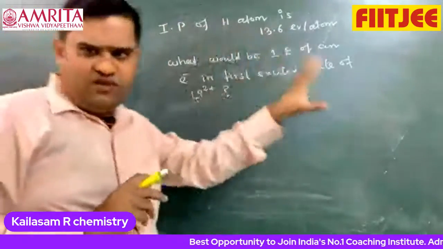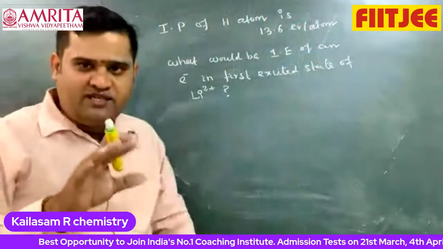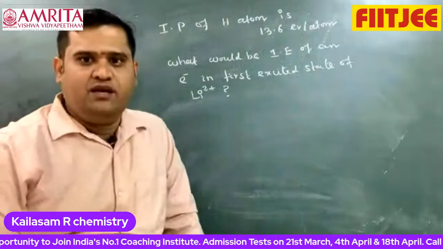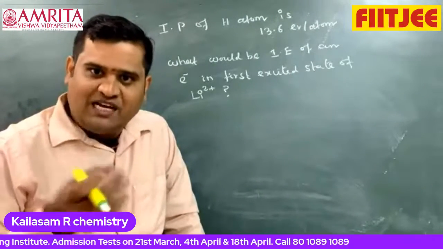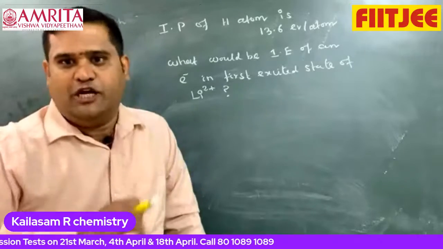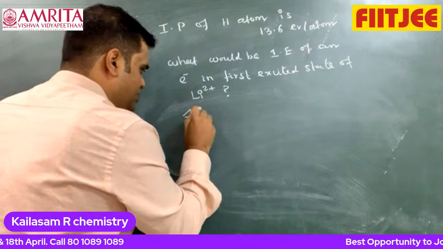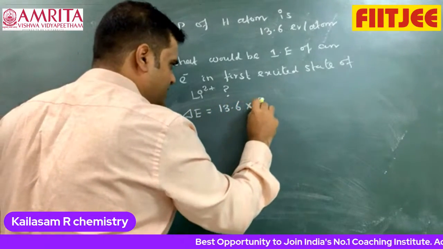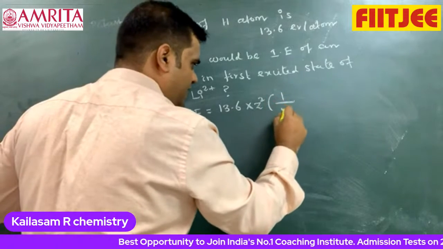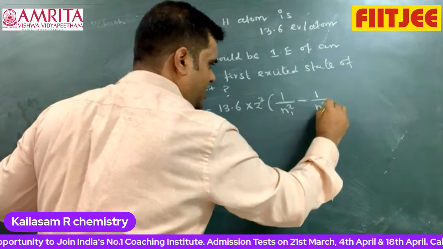Now the information given is: ionization potential of hydrogen atom is 13.6 electron volt per atom. What would be the ionization energy of lithium 2 plus, where the electron is present in the first excited state? So what is the formula? Delta E is equal to 13.6 into Z squared (1/n1 squared minus 1/n2 squared).